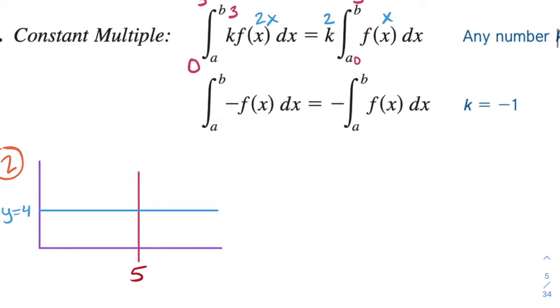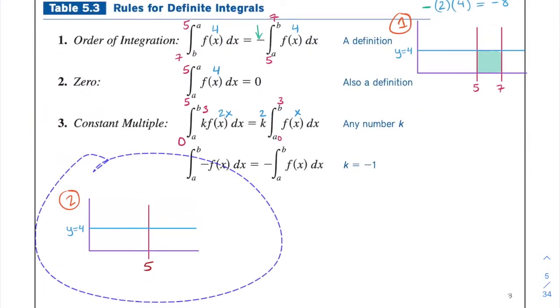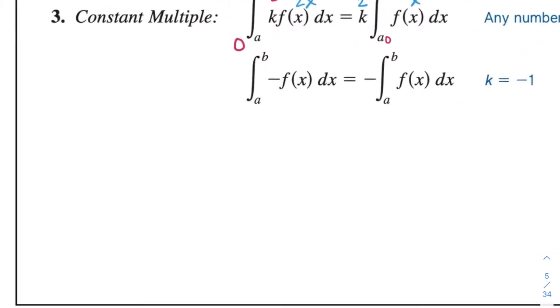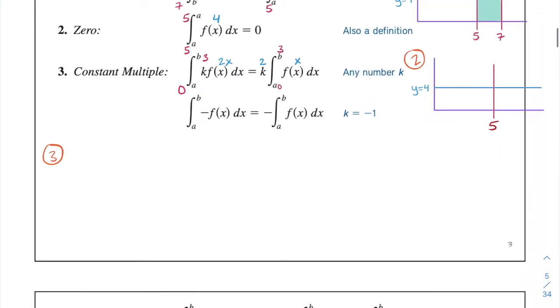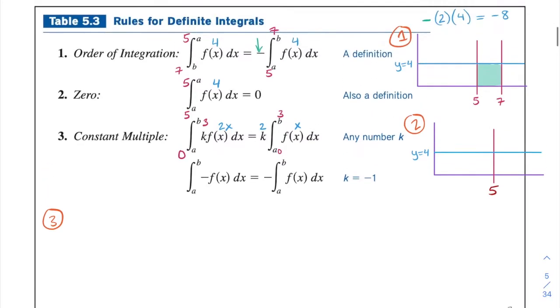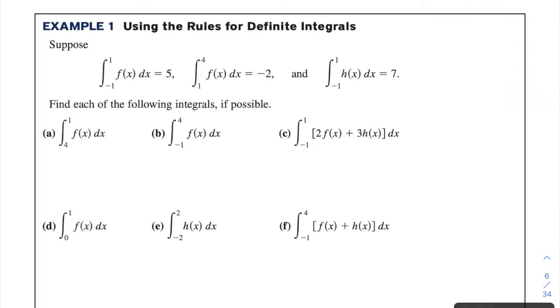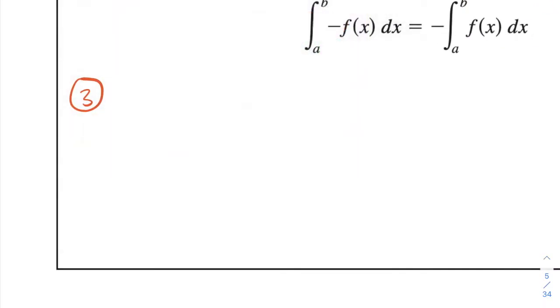So let me graph the constant multiple rule. You know what? It would make more sense for number 2 to go up here. And now I'm going to do number 3 because I need 2 graphs for number 3. Let's say that we graph this one.